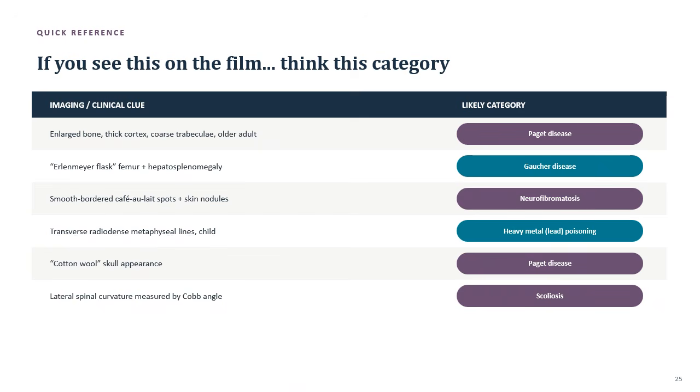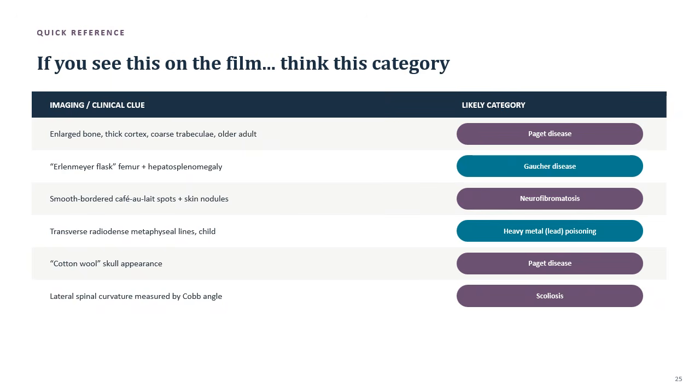Moving on to our quick reference cheat sheet for chapter 15, the miscellaneous conditions. We're going to start with Paget's disease. There's a couple on here for Paget's disease. The first one is the bigger bone or larger bone that has a thick cortex and a coarse texture, specifically in older patients or older adult patient.